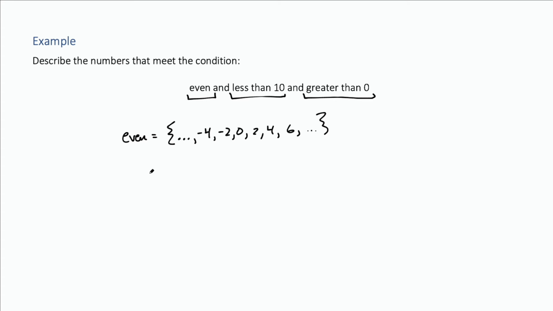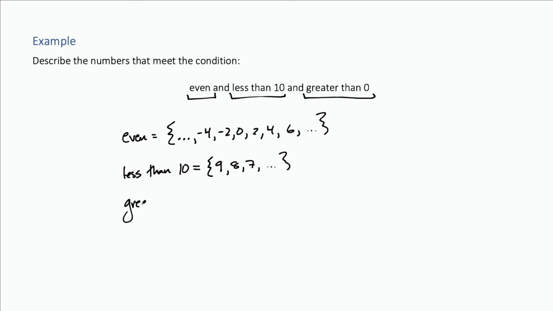But because I know I need even and less than 10, I know I'm not going to be looking at decimals anyway. So I'll say less than 10 I could think of as everything from 9, 8, 7, and down forever. Again, this doesn't contain everything; there are lots of numbers between 9 and 8, or between 9 and 10 even. But this is just an illustration.